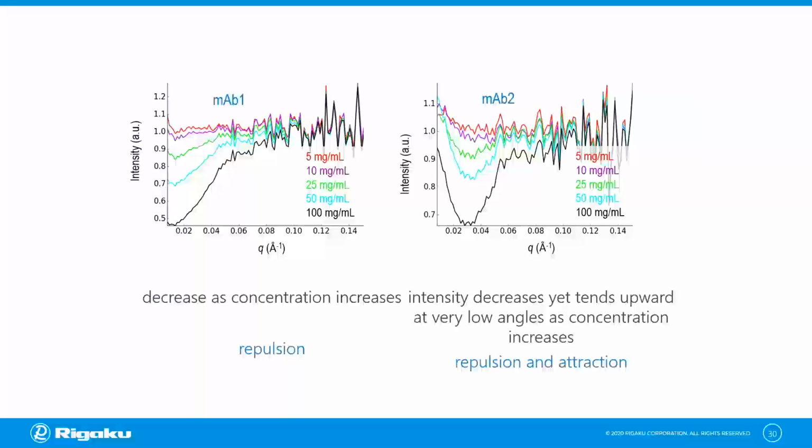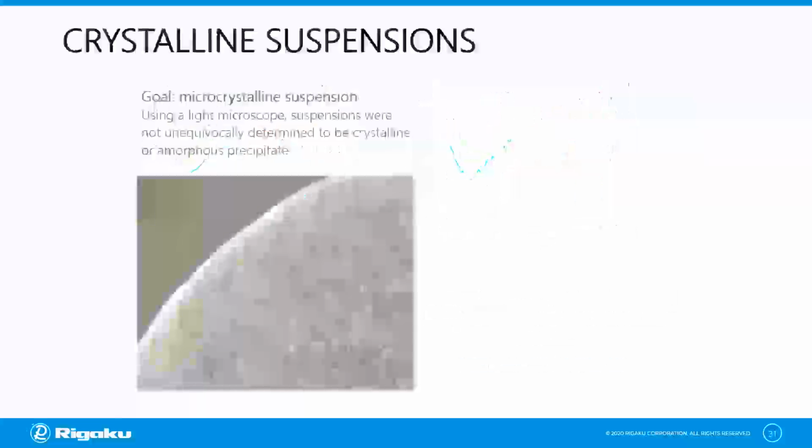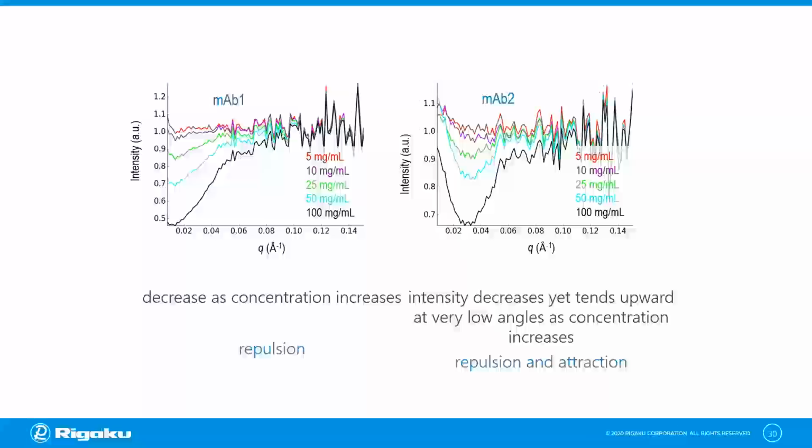And basically, it's decreasing as concentrations increase, but the intensity can also be different for different scattering angles in this case. So for example, this particular monoclonal antibody only exhibits repulsion, whereas this one exhibits both a bit of repulsion and attraction. So we can start to say something about those behaviors.